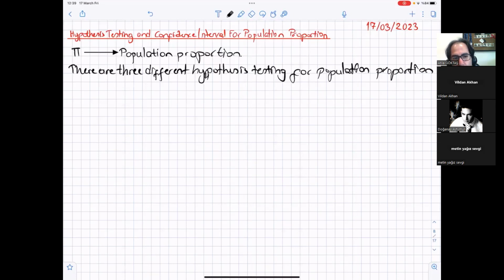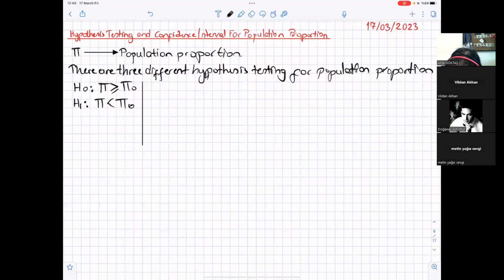We have two hypotheses, the null and the alternative, where the claim is included. The first one, the null hypothesis, is pi greater than or equal to pi null, and the alternative is pi less than pi null. So this is left-sided or left-tailed.